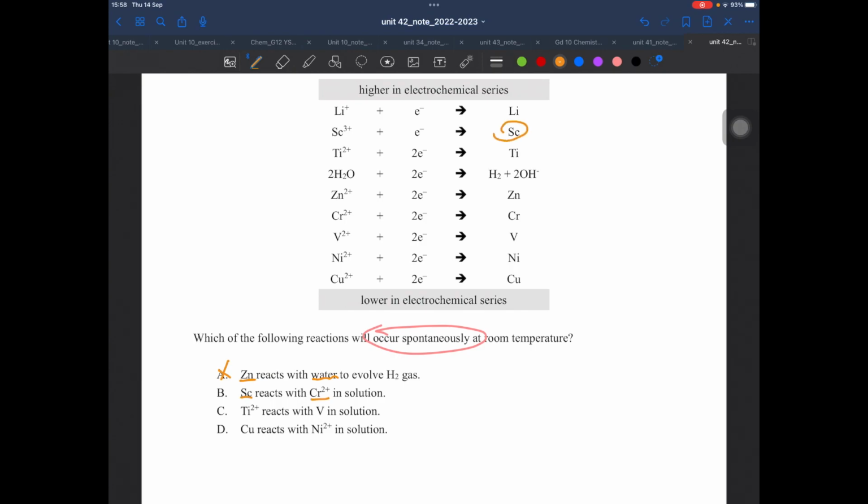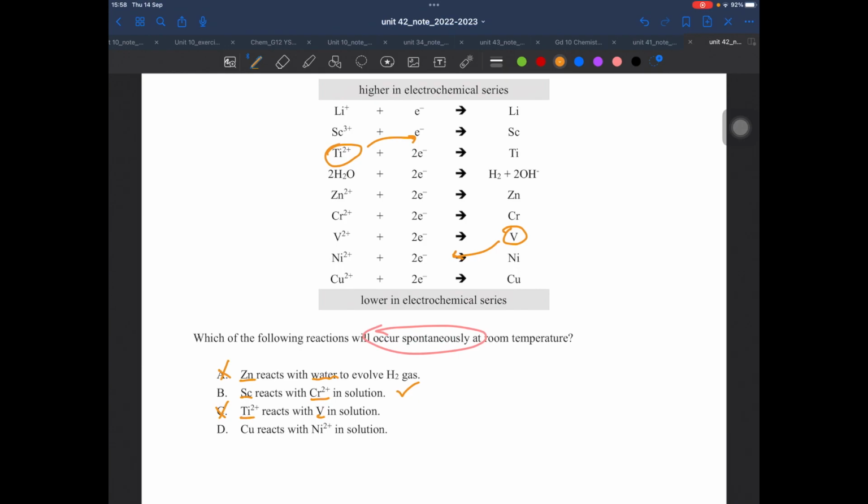So let's see, scandium is here, chromium 2 is here. It looks good. What about the third one? It is titanium 2 and vanadium. So again, let's double check. Titanium ion is here and vanadium is here.